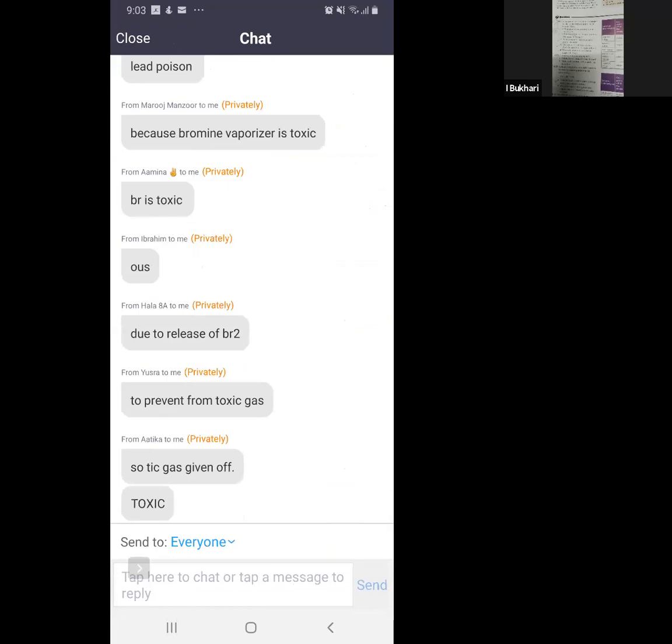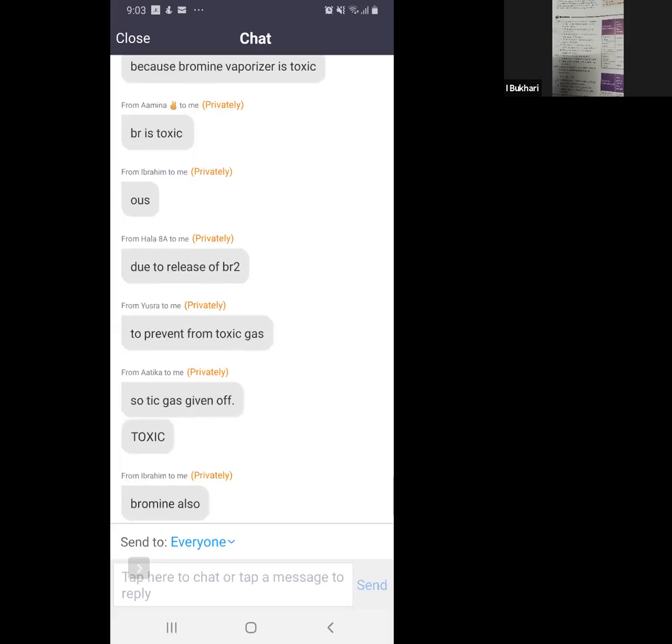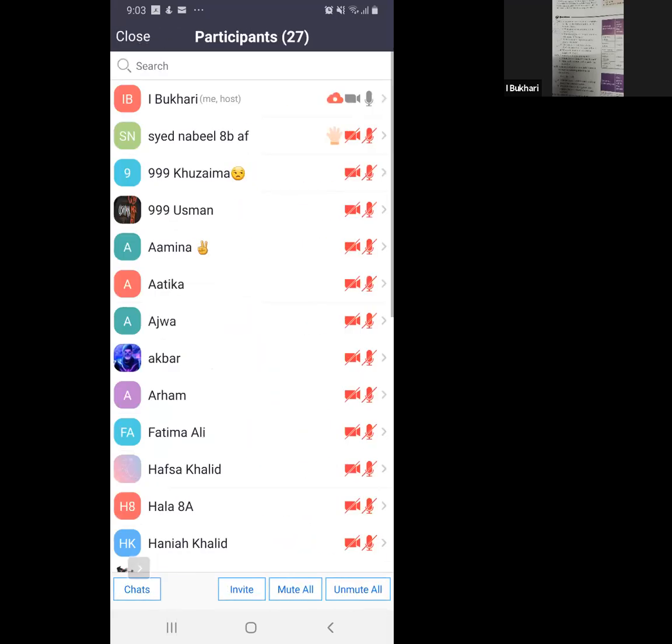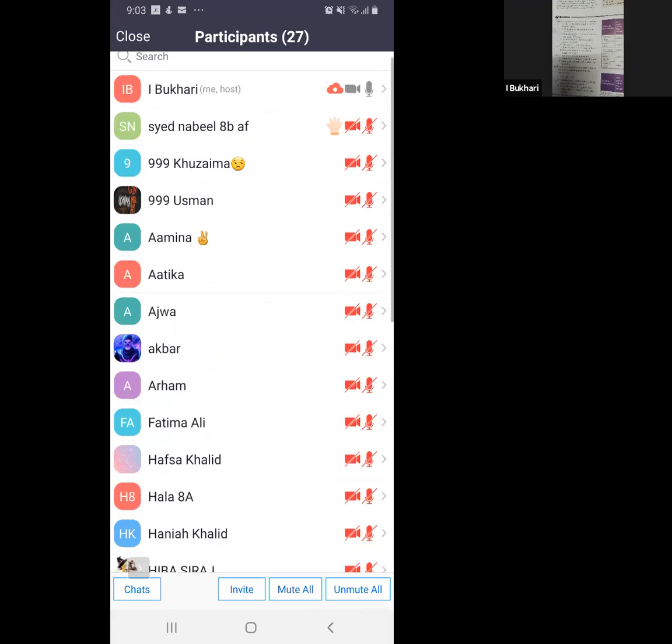The cupboard does not allow the poisonous fumes to spread in the air where they can be inhaled by people, so people stay safe. Bromine is toxic. Okay, let's move on. It's because of bromine, not due to lead.